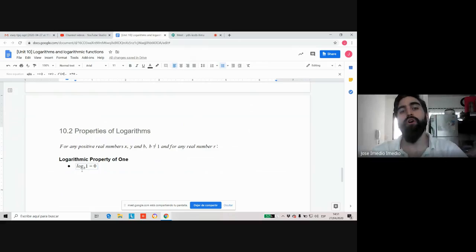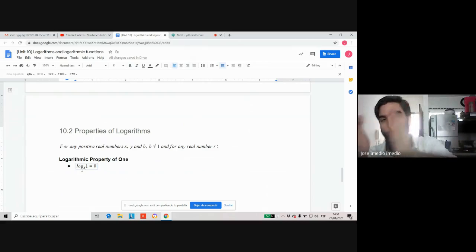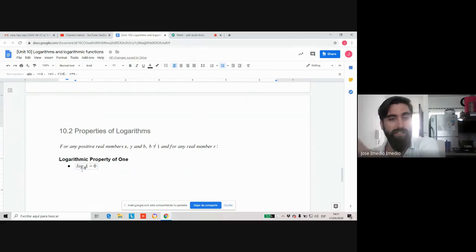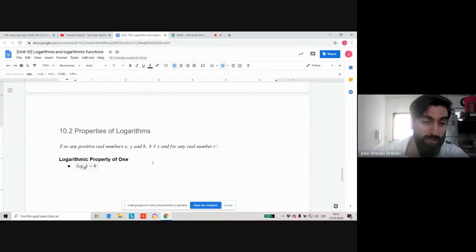So which is the exponent I need to put over that b in order to get a 1? 0. Regardless of the base, if I want to obtain a 1, the exponent I need is a 0, always.